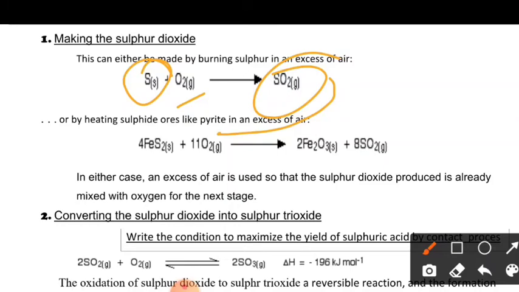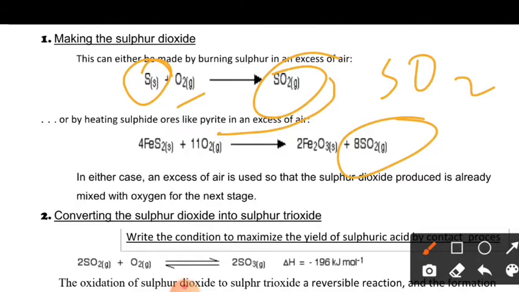On roasting, we get sulfur dioxide. This is the first step for the manufacturing of sulfuric acid in the contact process.